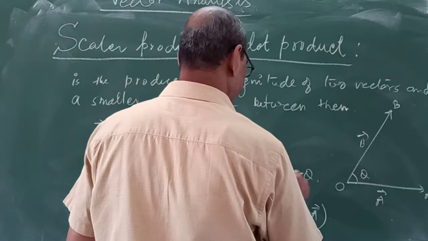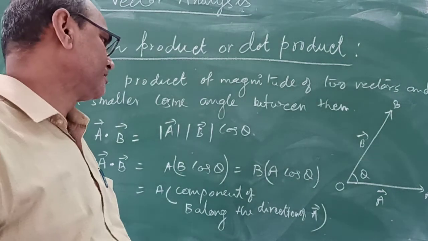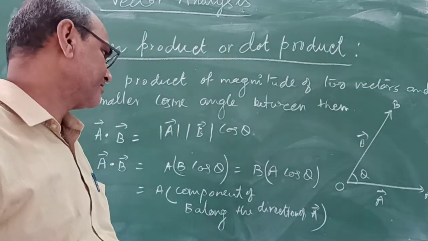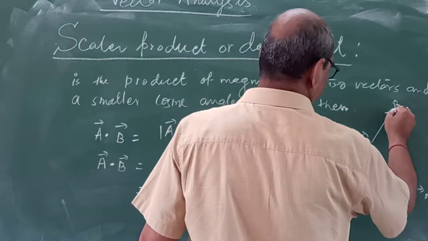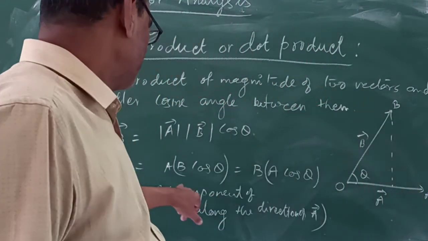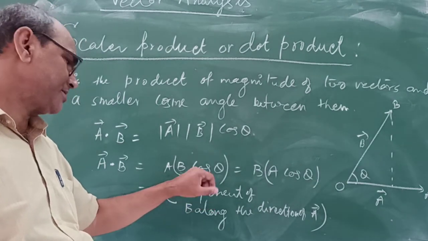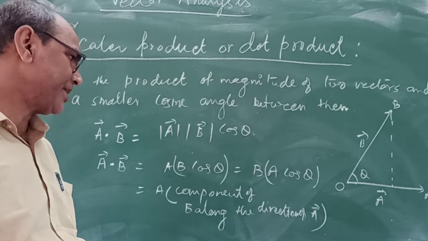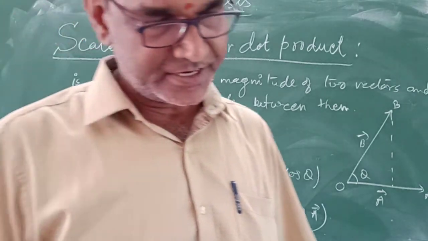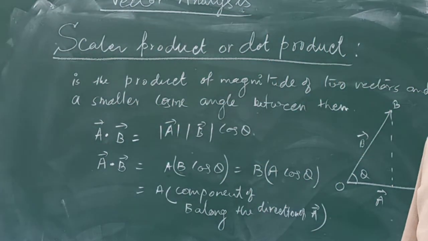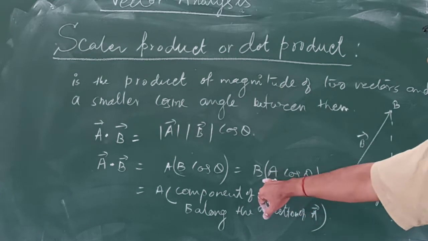In this case, vector B into the magnitude of vector A, the component of vector A along the direction of B. So that is the component of vector B along the direction of vector A. Therefore, we can say A dot B is equal to AB cos theta, or we can also say BA cos theta.